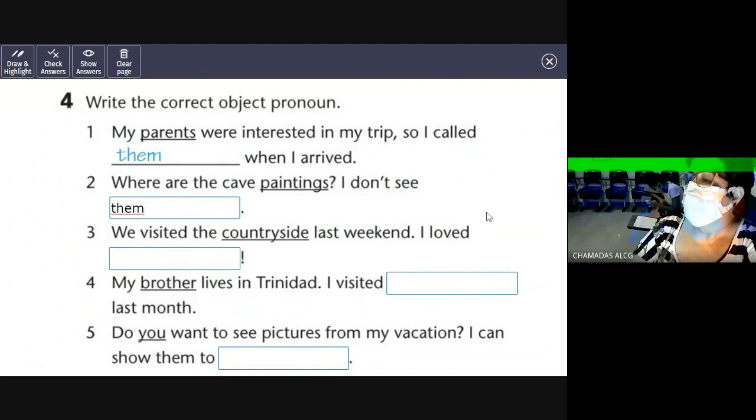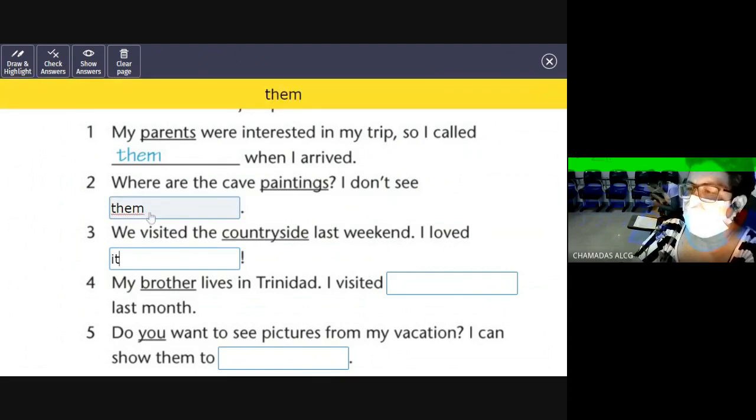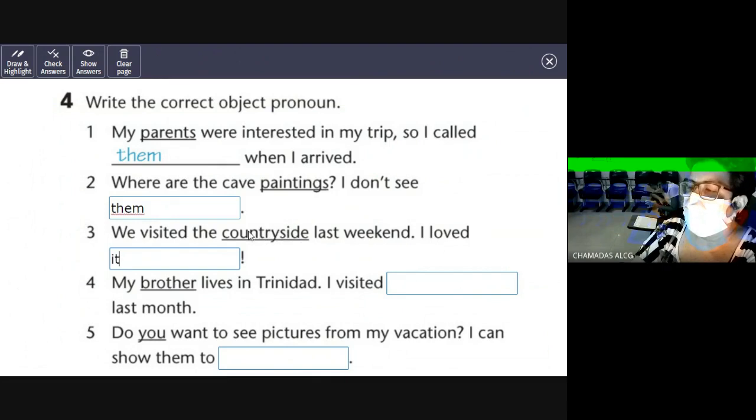Right? So we visited the countryside last weekend. I loved it. Okay. Now it's singular. So plural, them. Sorry. Singular, it. Now, my brother lives in Trinidad.